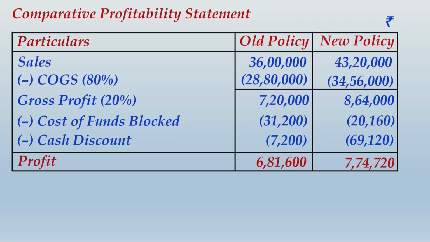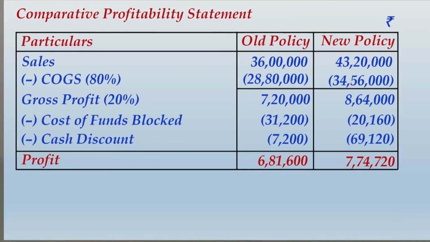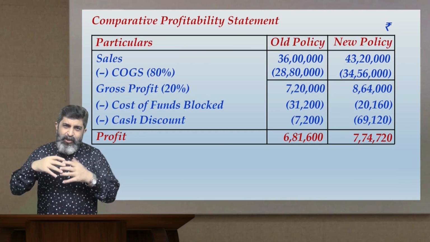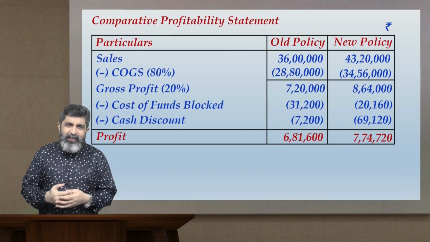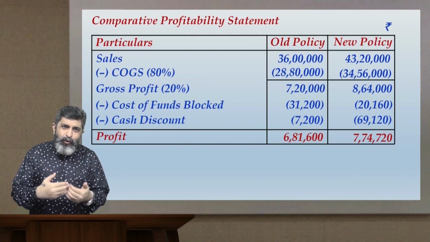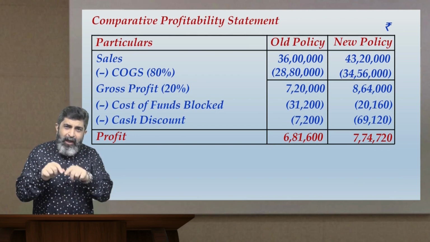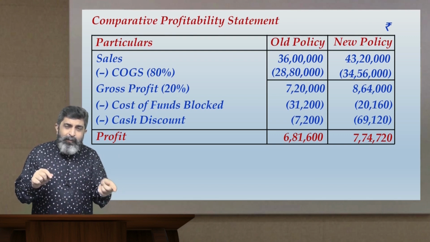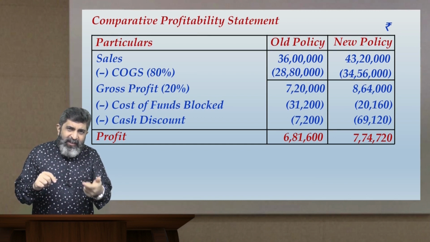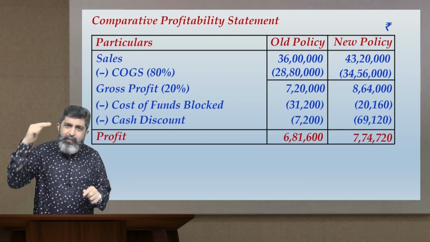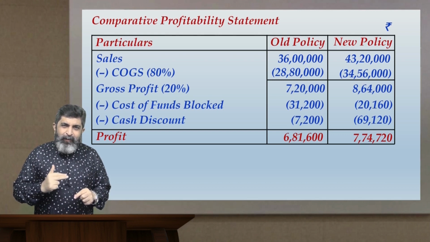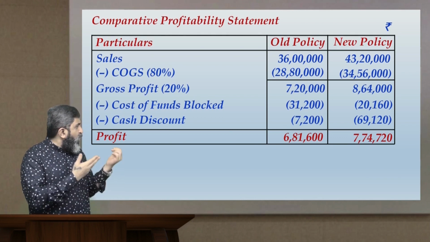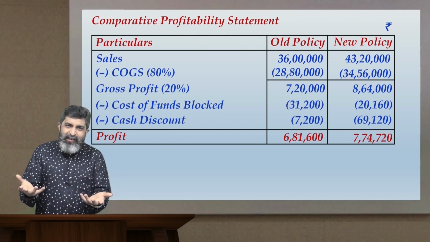Now before you write up this comparative profitability statement, let me interrupt in between and tell you one more thing, otherwise you will have questions in your mind unnecessarily. Some time back I told you, mark sales as A, mark cost of goods sold as B, mark cost of funds blocked as C, and mark discount, that is cash discount, as D, and your net benefit will be A minus B minus C minus D. If I am presenting the comparative profitability statement that way or this way, it is just a presentation difference.